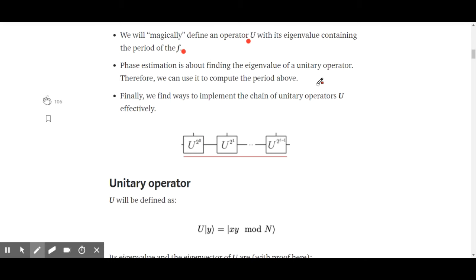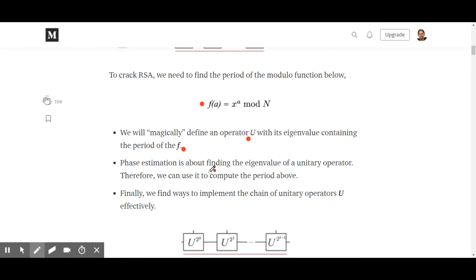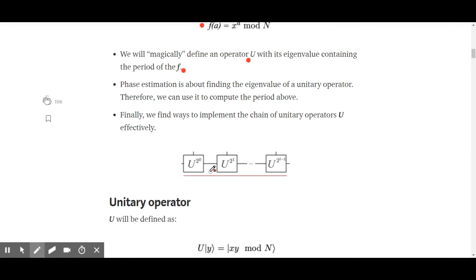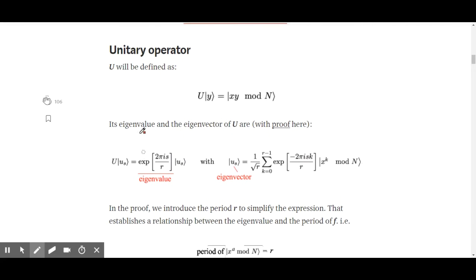Exactly, the eigenvalue of this U. Because this eigenvalue contains the period, if you find that eigenvalue, then you can find the period, and if you find the period, then you have it. And finally, we find ways to implement the chain of unitary operators U effectively. So unitary operator U will be defined like that.